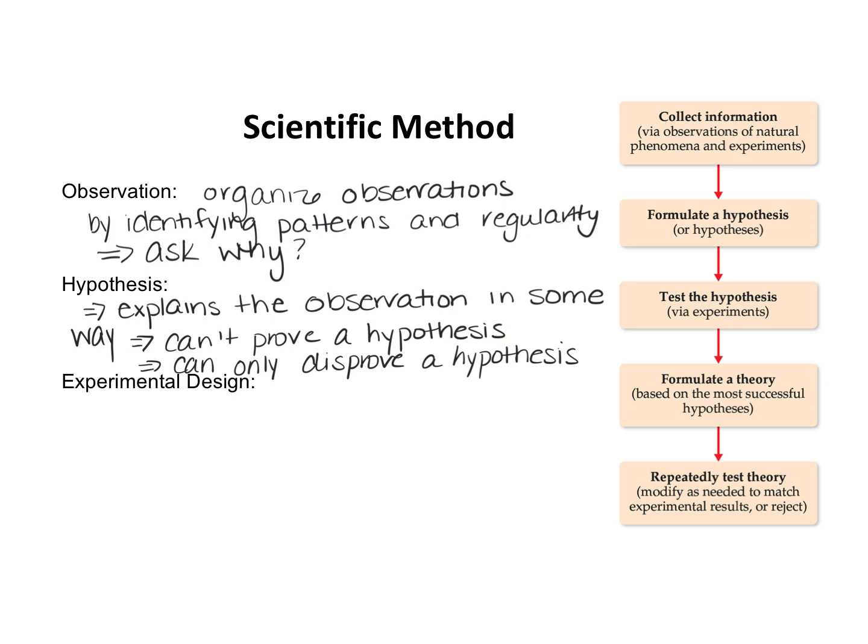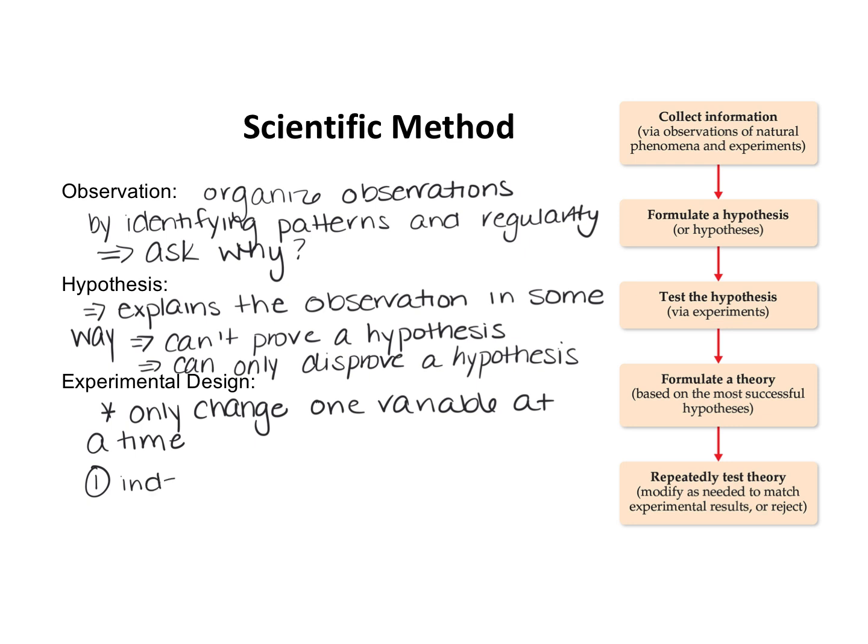So once you have a hypothesis, you need to design an experiment that will test it. When you're undergoing your experimental design, it's really important to only change one variable at a time. Okay. Now, when we talk about variables, there are two different types of variables that we can talk about. One is the independent variable. Okay.